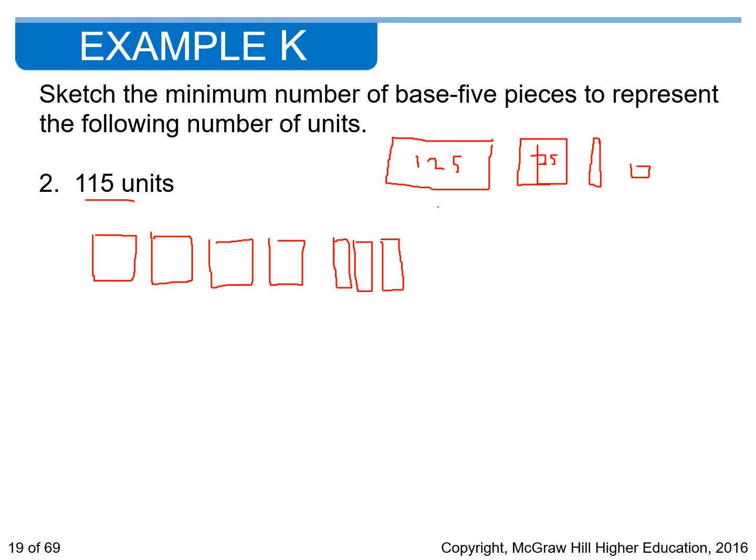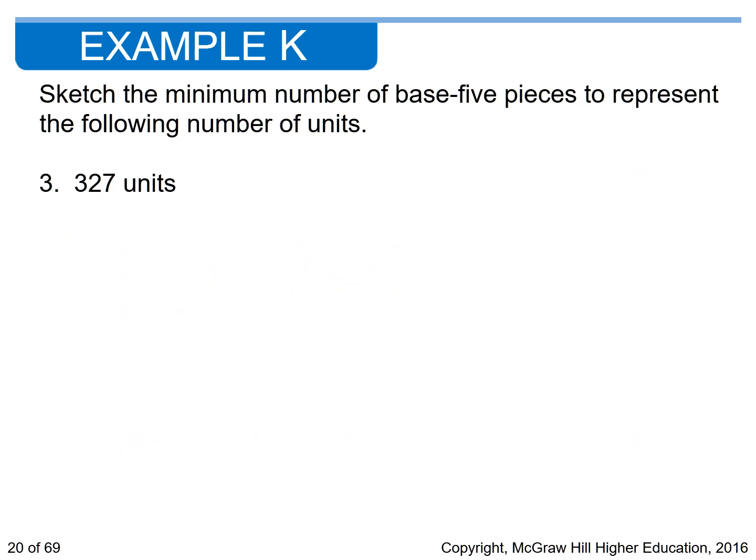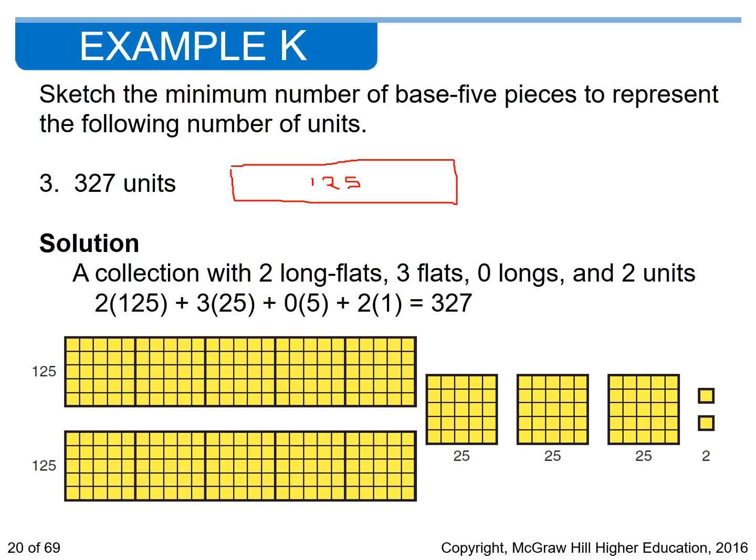So that's what it would look like. Now I can use that big long flat, which is 5 25s or 125. So I can pull out 2 of these 125s. So that gives me 250, and then 275, 300, 25, 26, 27.